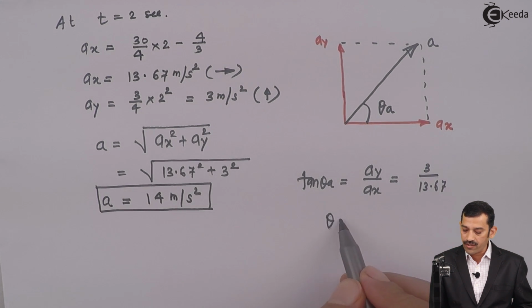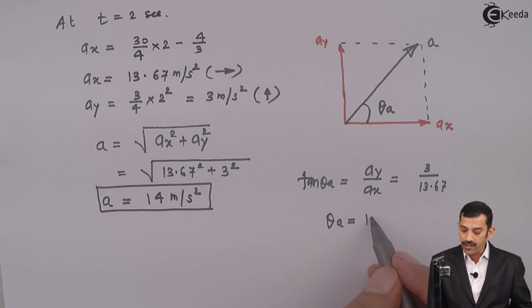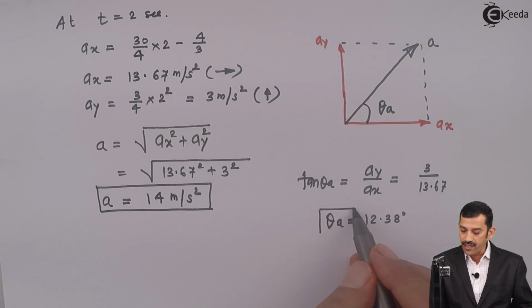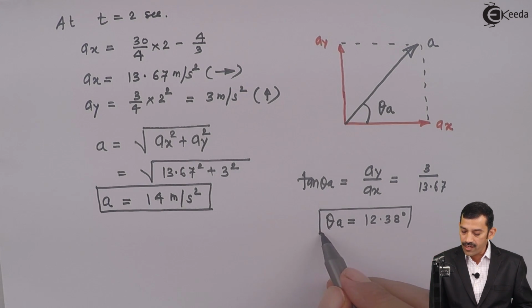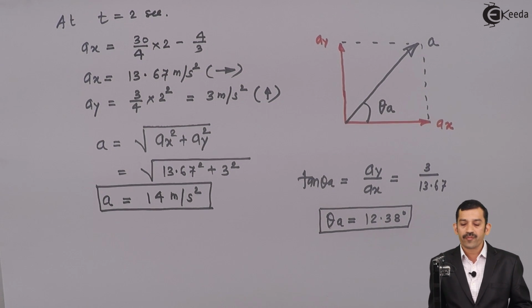Therefore, tan inverse of this value, theta A comes out to be, if you calculate using a calculator, 12.3 degrees. That means you are getting the magnitude as well as the direction of resultant acceleration at t equal to 2 seconds. Before that, we calculated the magnitude of velocity and its direction with respect to the horizontal.